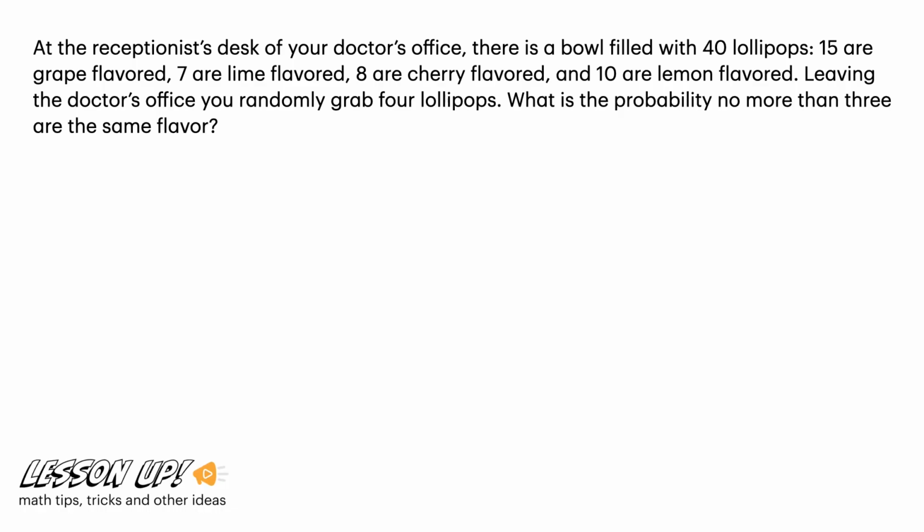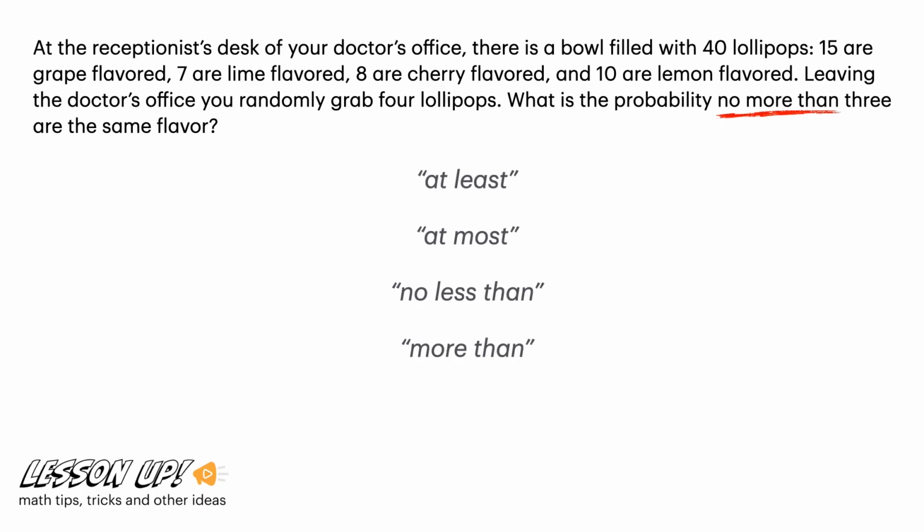Students should recognize that the complement is introduced in the form of "no more than." Phrases such as at least, at most, no less than, more than, fewer than, all conjure up a complementary form of calculating a number count, and students need to spot that such a phrase plays a key role in the process.